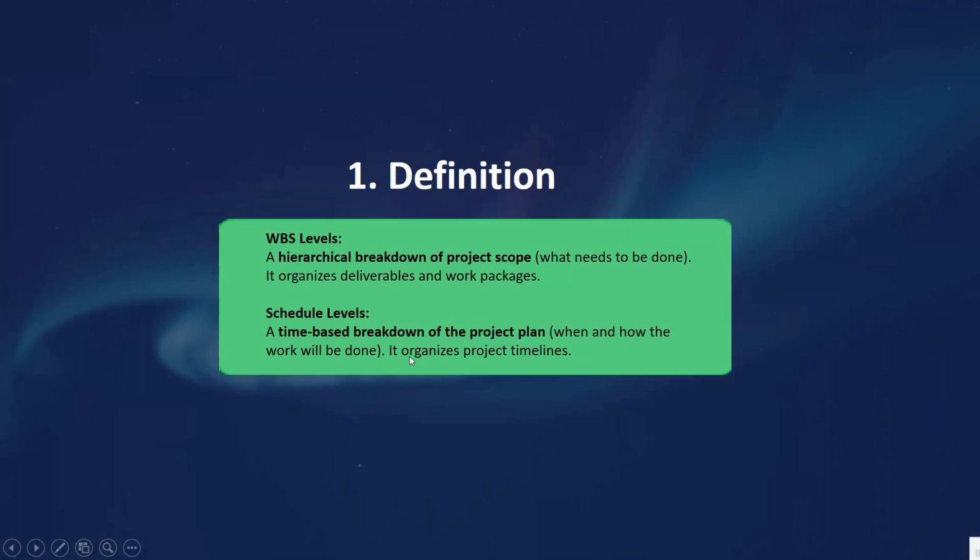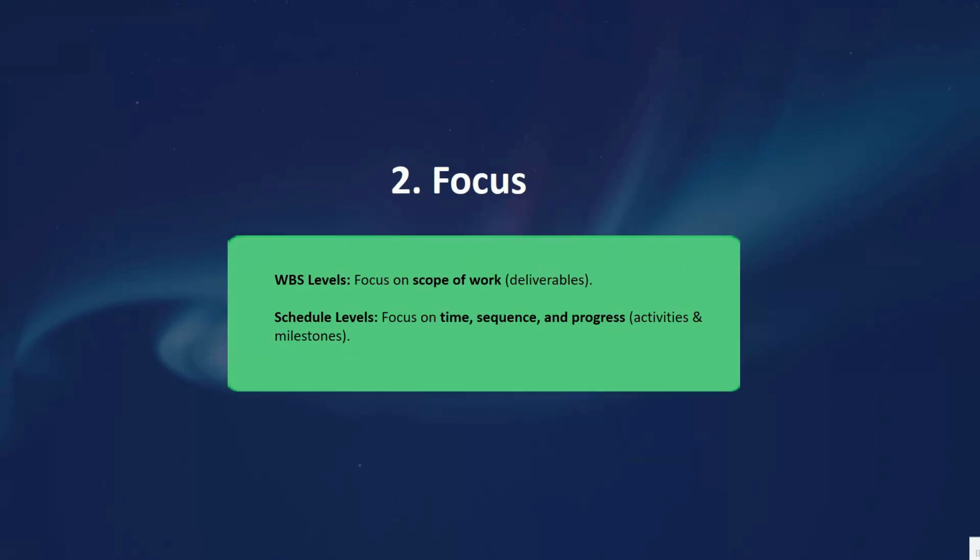It organizes the project timeline. So WBS defines what work needs to be done, and it's all about the scope of work for the project. And when we talk about the schedule, scheduling defines when and how that work will be done. So scheduling is all about time. Okay, I hope it is clear.